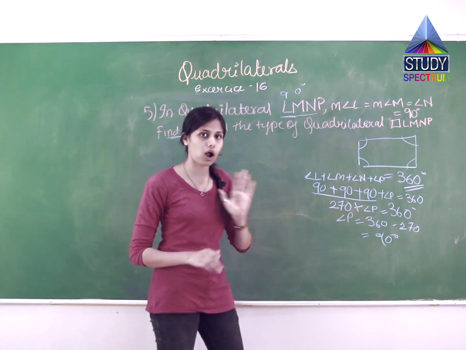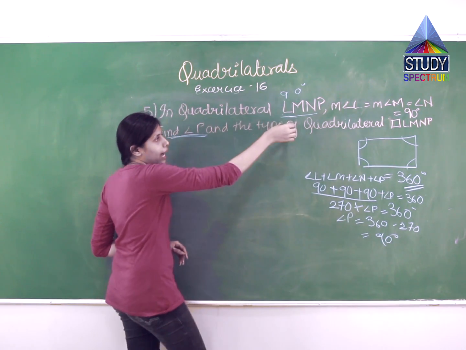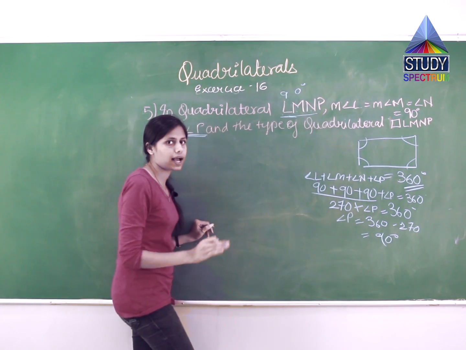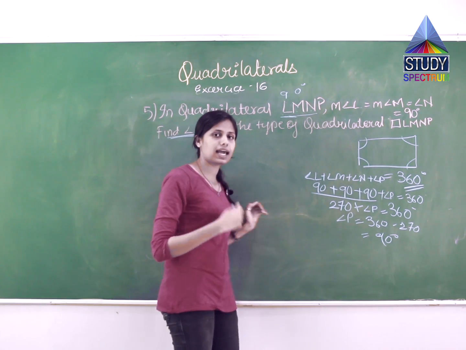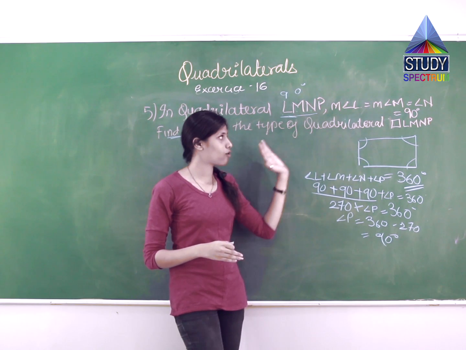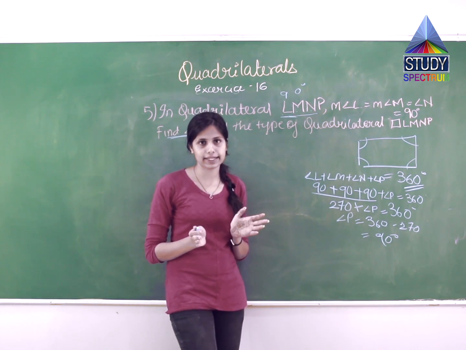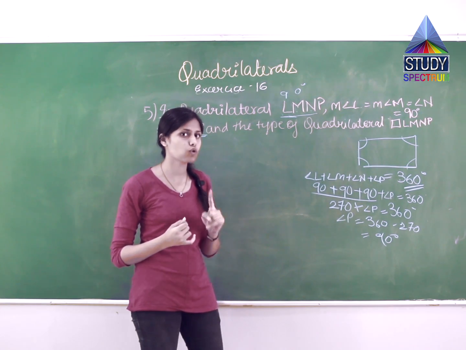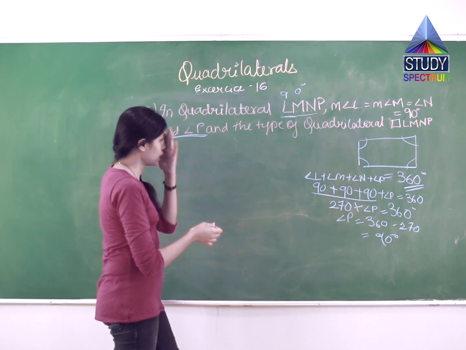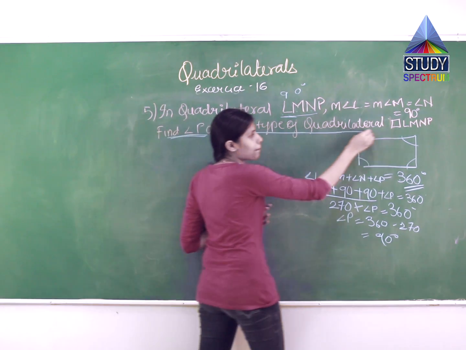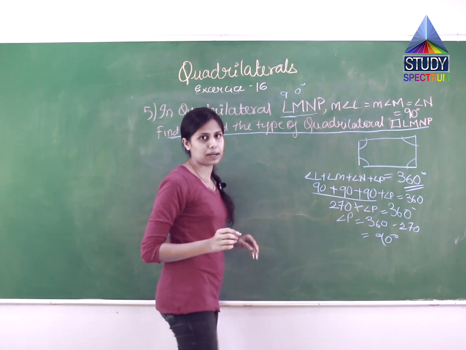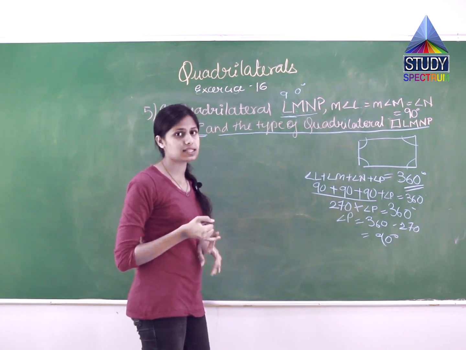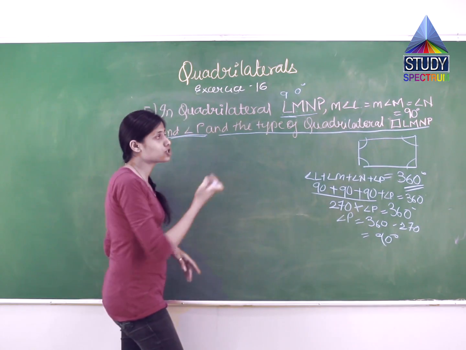Means all the four angles, angle L, angle M, angle N and angle P, are of 90 degree. Now tell me the quadrilaterals which have all these four angles as 90 degree. Yes, it is a rectangle and also a square. So they are asking you to find the type of the quadrilateral LMNP. So it can be a rectangle as well as a square, as there is no mention of sides.